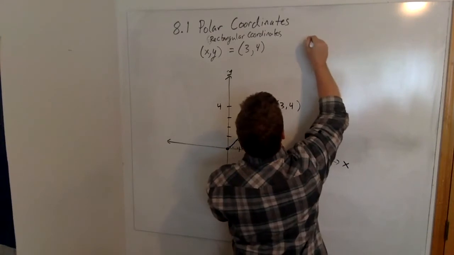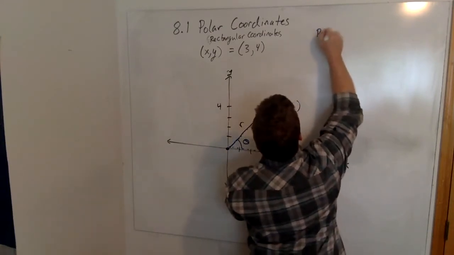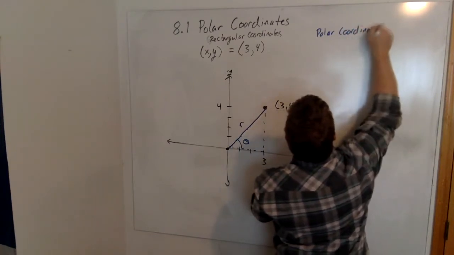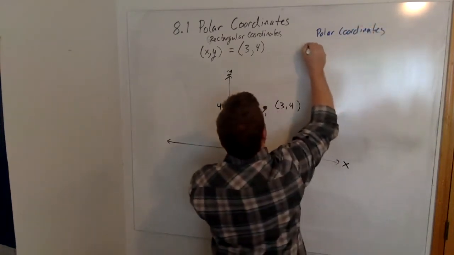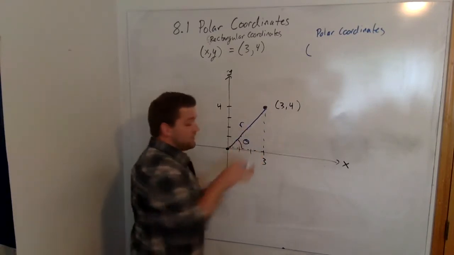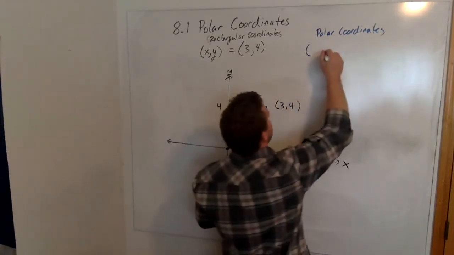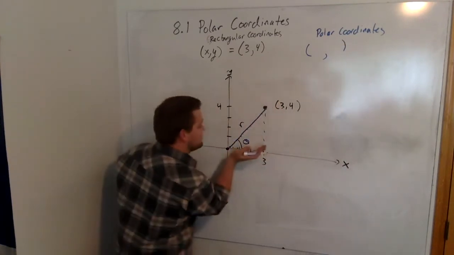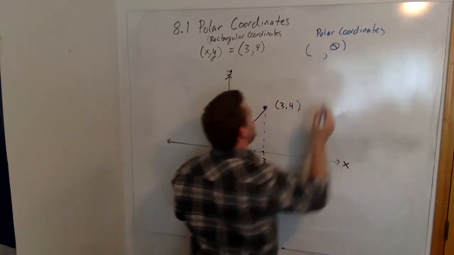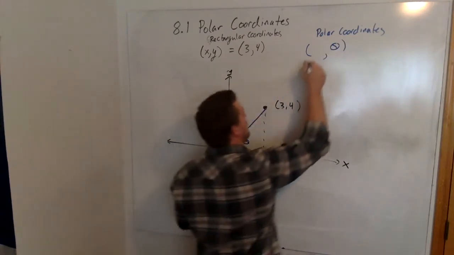We can do something that's called polar coordinates. And instead, I have to give you 2 pieces of information. Well, I'd have to tell you how far to go out. Or how about I tell you a certain angle to rotate. We usually put that in the second spot. And I'd have to tell you how far to go out.